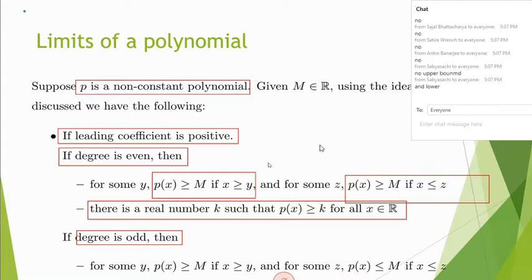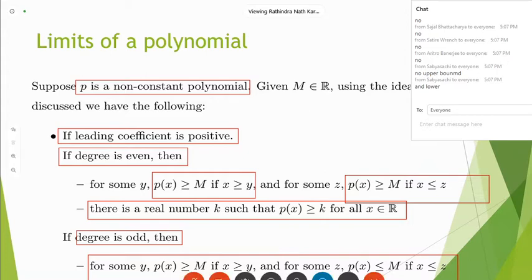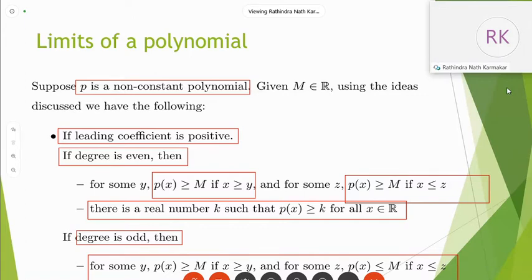Now if we generalize the result to any polynomial of positive leading coefficient and odd degree, we get this statement. For some y, p of x is greater than or equal to m if x is greater than or equal to y, and for some z, p of x is less than or equal to m if x is less than or equal to z.